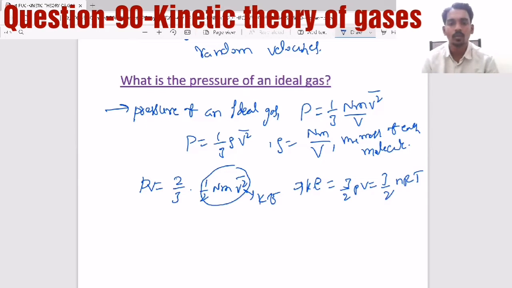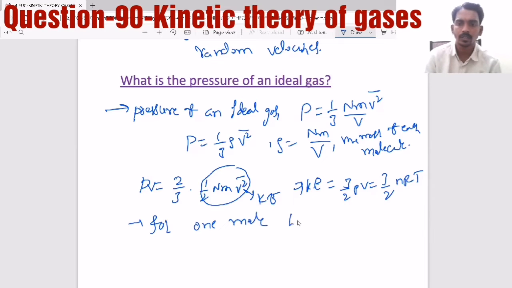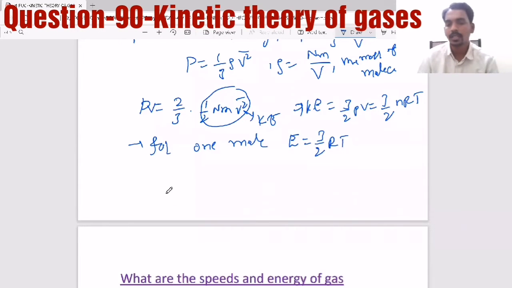This is for n moles. Now for 1 mole, when you consider, the kinetic energy will become 3 by 2 RT. Now this is called the kinetic interpretation of temperature, that is, kinetic energy in terms of temperature.